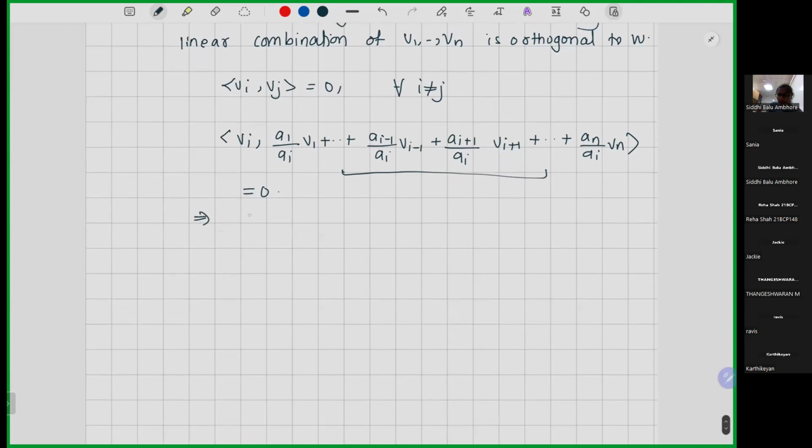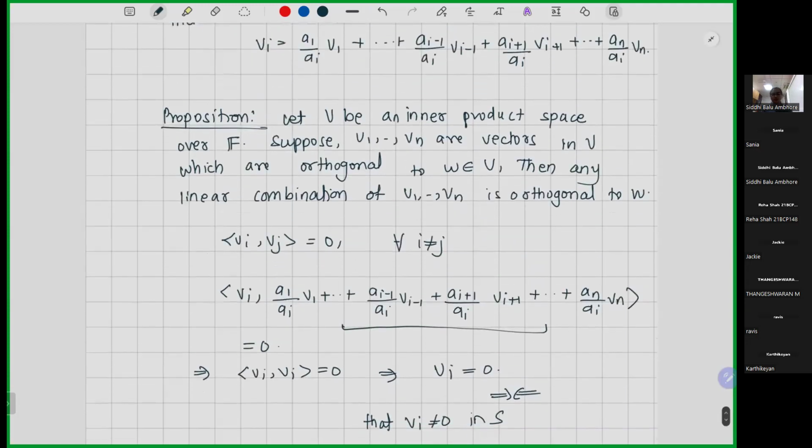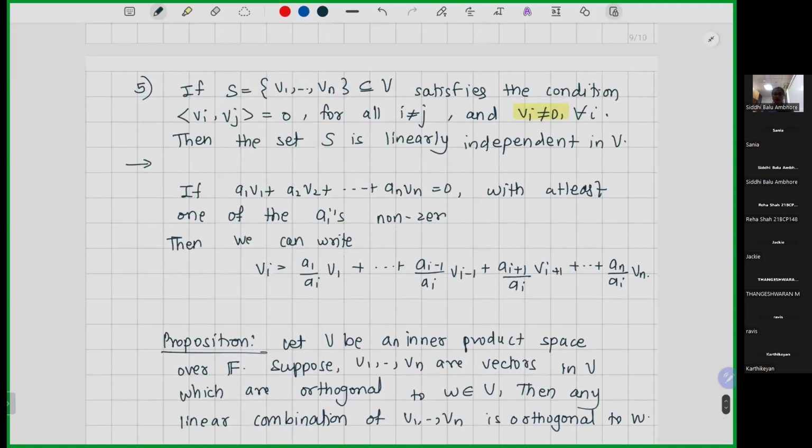Then by the definition of norm, if Vi, Vi is 0, then Vi is 0, which contradicts the fact that Vi is non-zero in S. Okay. So therefore, such a linear combination is not possible. So therefore, this set is linearly independent.